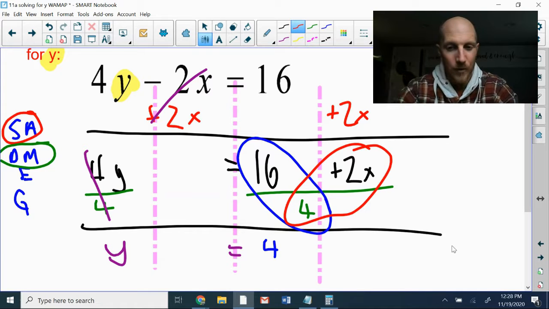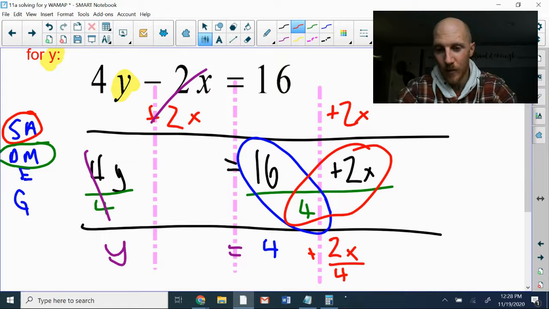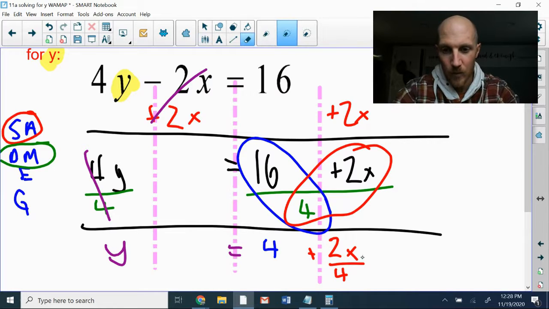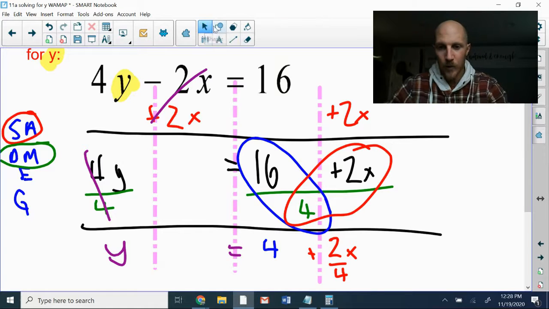So we want this as a fraction. It'll make our work way easier in the future. So I'm just going to write this down as a fraction. So I'll have 2x divided by 4, or we can think of it as a fraction, 2/4 x. We can actually just slide that x off to the side of the fraction, so it's 2/4 x. That means exactly the same thing.